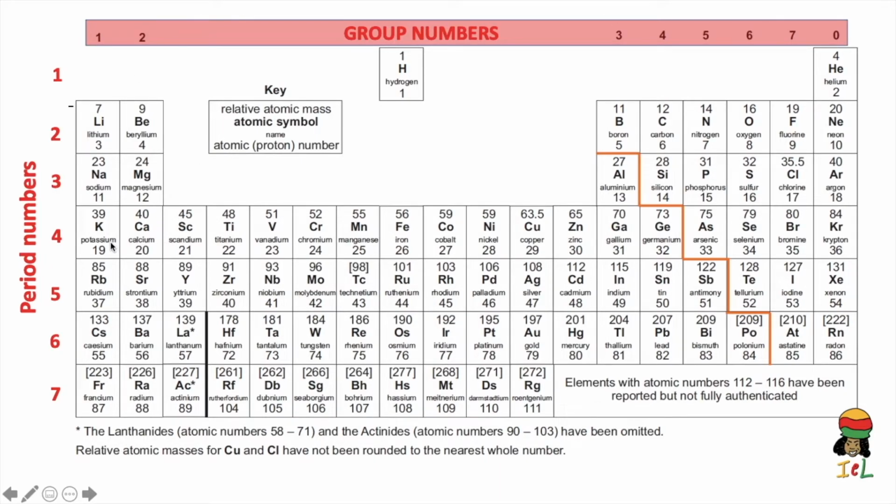Now, the periods or rows are also numbered as written to the left side of the periodic table. The first period consists of hydrogen and helium. The second period starts with lithium and ends with neon. The third period starts with sodium and ends with argon, and so on, moving from left to right.